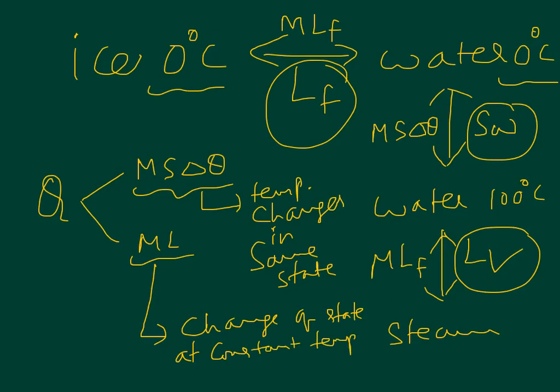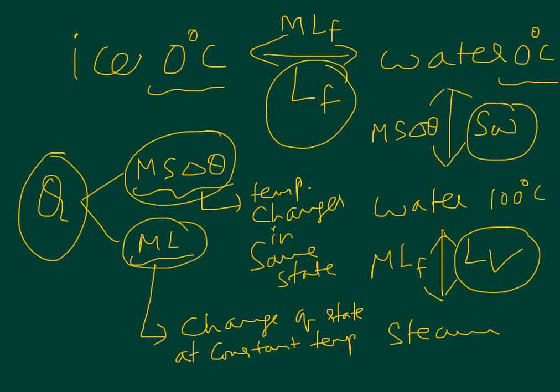I hope you are clear about this Q now. When should we use MS delta theta, and when should we use ML, where L can be either LF or LV? This is the information to be known during the conversions. And one more thing, I want to give one graph for heat provided and temperature changes.